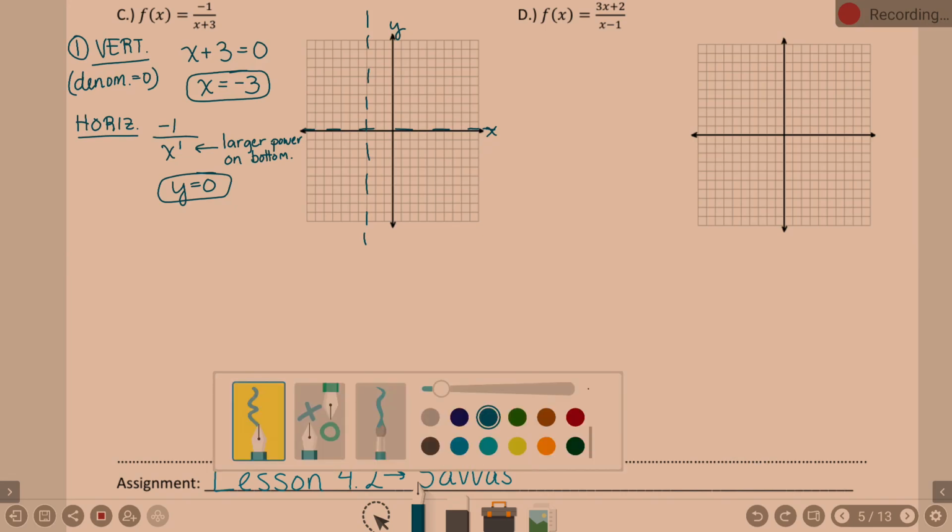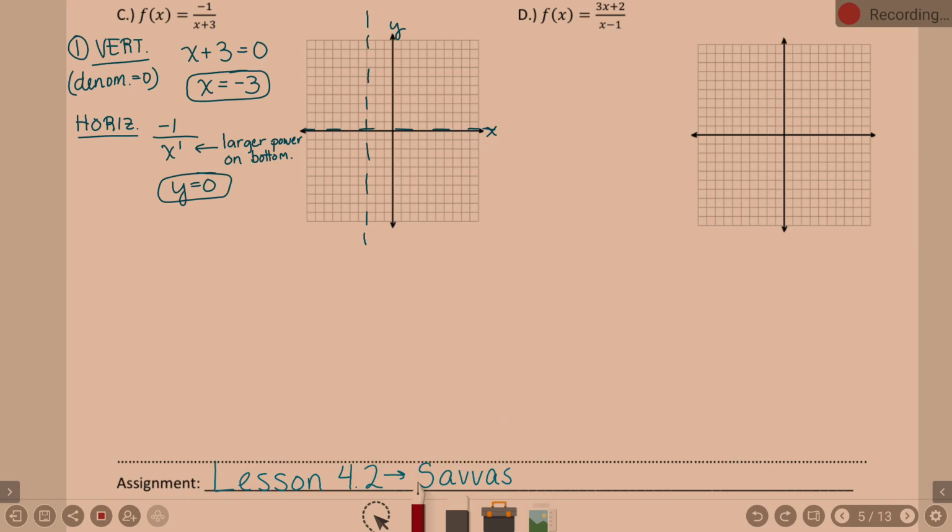Okay. After we have our asymptotes drawn in, what have we been doing? X and Y intercepts. What are your thoughts on x-intercepts here? Okay. Well, what have we been doing? We've been setting the numerator equal to 0. What's my numerator? We're going to set negative 1 equal to 0.